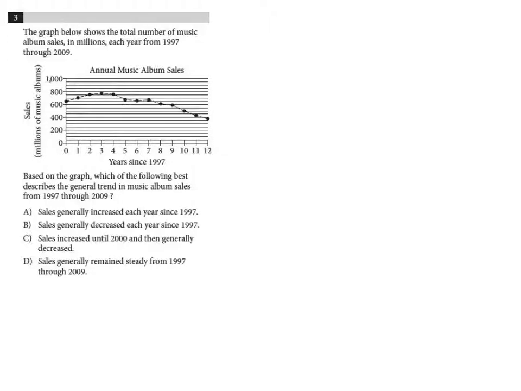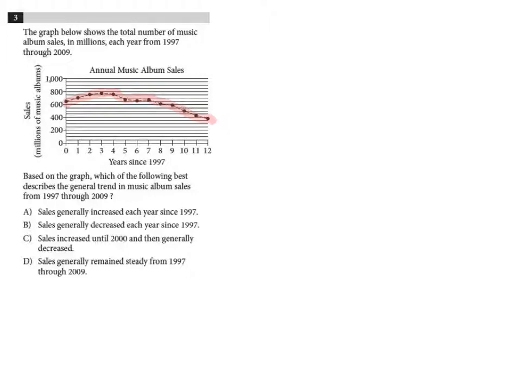So it looks like we could say that they went up a little bit, and then around 2000 it started going down, kind of plateaued for a little bit, and then sales have been declining for quite some time now.